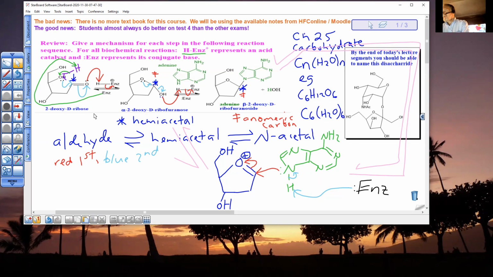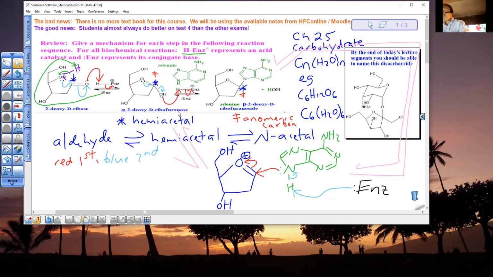Okay. And the naming, when we go from the open form, I say open form because there's no ring here. It's the Fischer form, but it's been looped around. We'll review Fischer forms very shortly. And this has a different ending to its name.